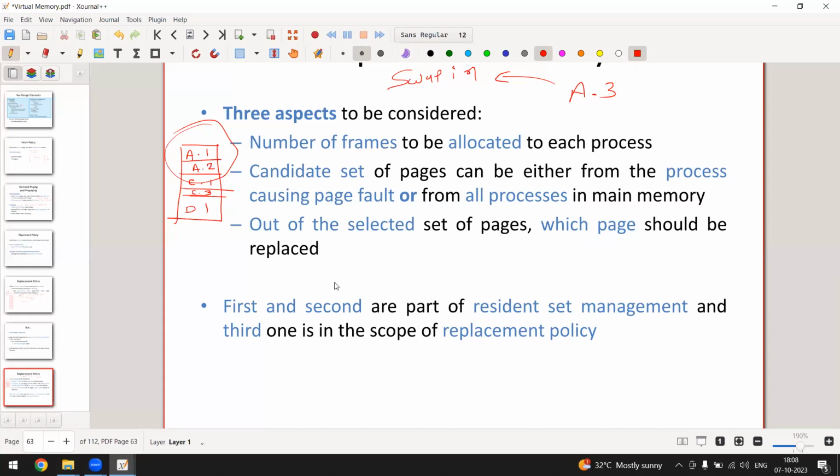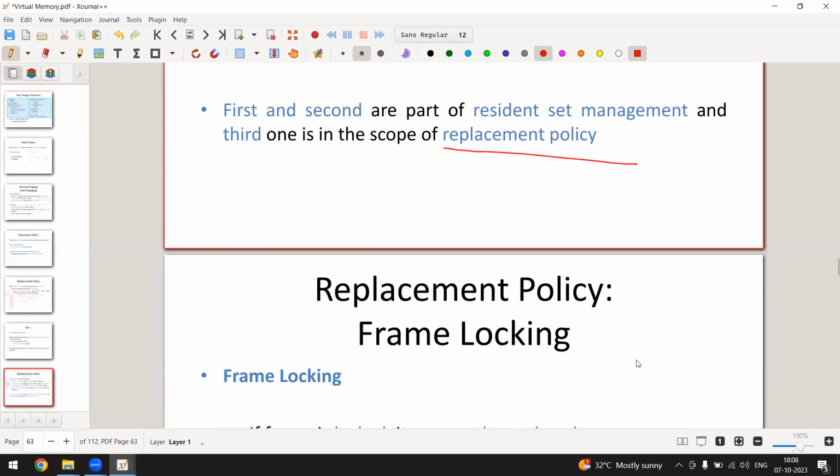However, we are going to focus only on the third decision: if you have a number of pages available in the memory, which page you will select for swap out. That decision is called the replacement policy, which is what we are going to see.